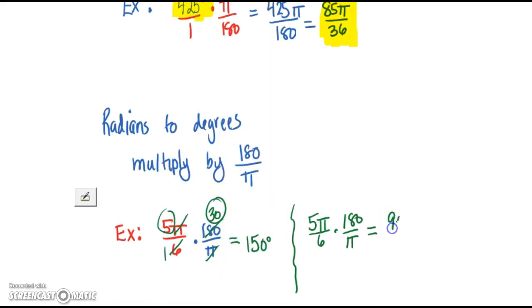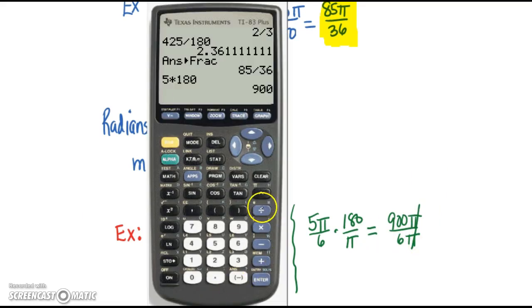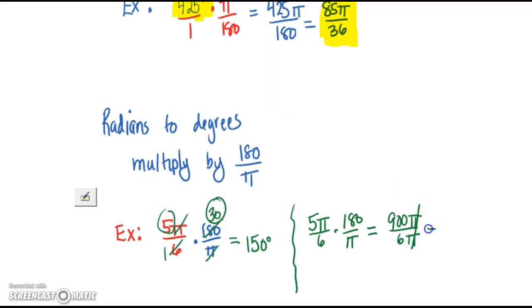And so we have 900 pi on the top, 6 pi on the bottom. The pi's cancel out, and 900 divided by 6 should be 150 degrees. So either way you do it, 5 pi over 6 is equivalent to 150 degrees.